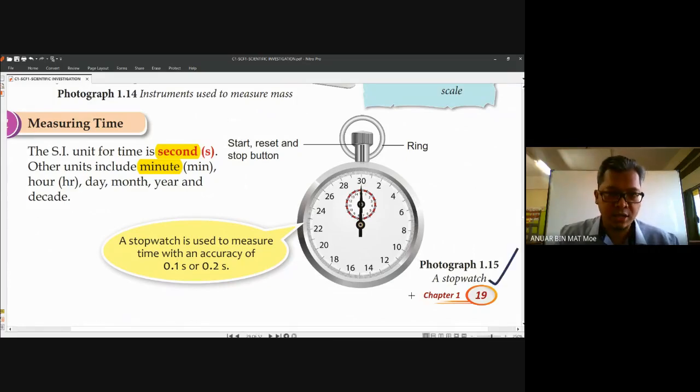Okay, this is the stopwatch. When you push this, the needle here will move according to how many seconds, how many minutes, and then how many hour, days, and maybe years and week. This is the instrument that you need to measure the time. Okay, next one.